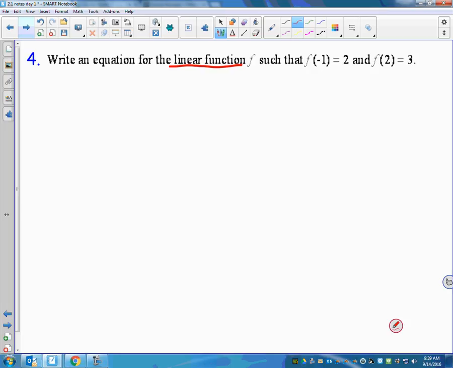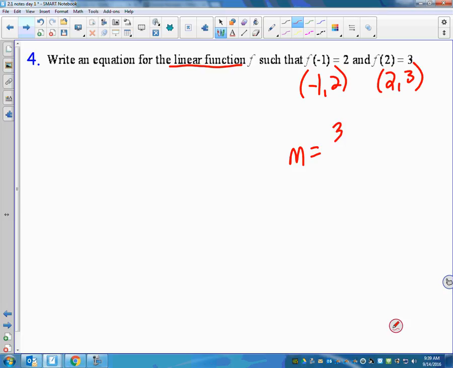Just a little reminder, which one of these is the x and which one of these is the y in this? Right, this is x, this is y. So this is like the ordered pair negative 1, 2, and this is like the ordered pair 2, 3. So step 1, I'm going to find the slope. Good old rise over run, y's over x's. The y's is the rise, remember? Say that a lot, or you get really confused.